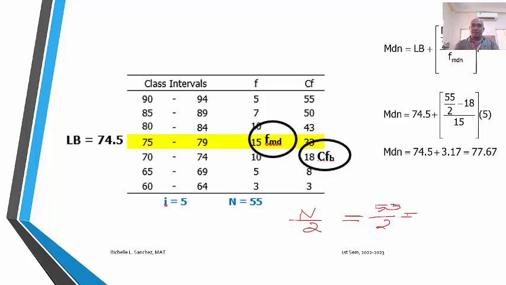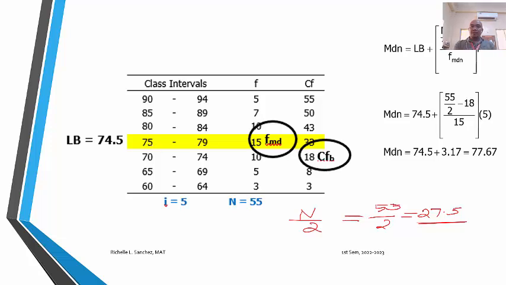And 55 divided by 2 is equal to 27.5. We are going to locate the 27.5 in our cumulative frequency column.